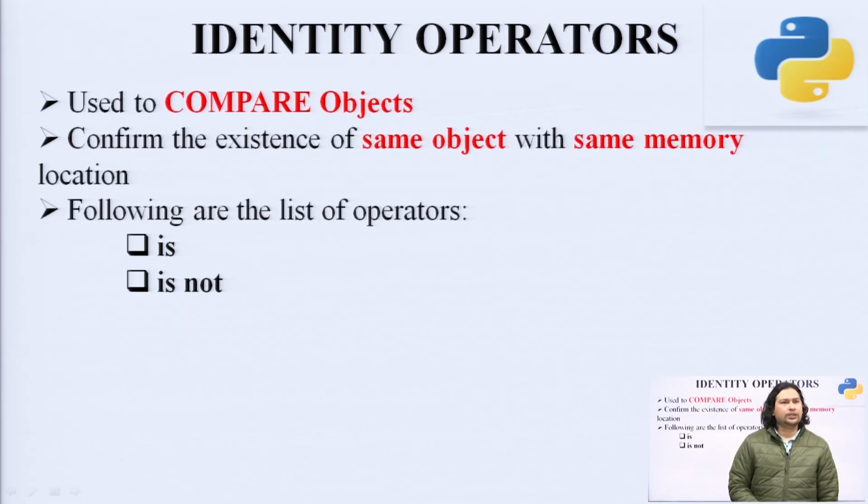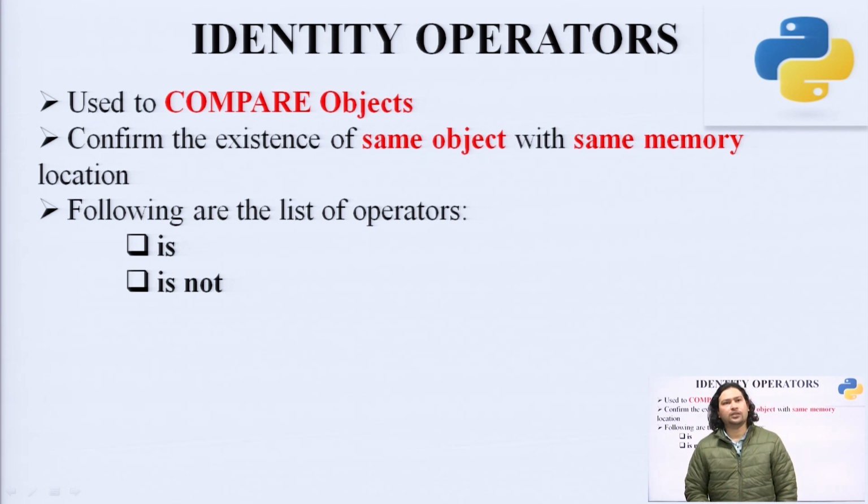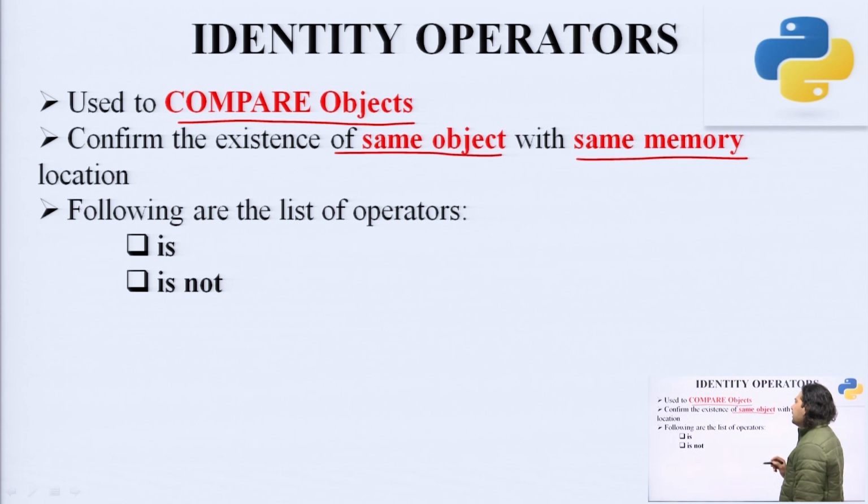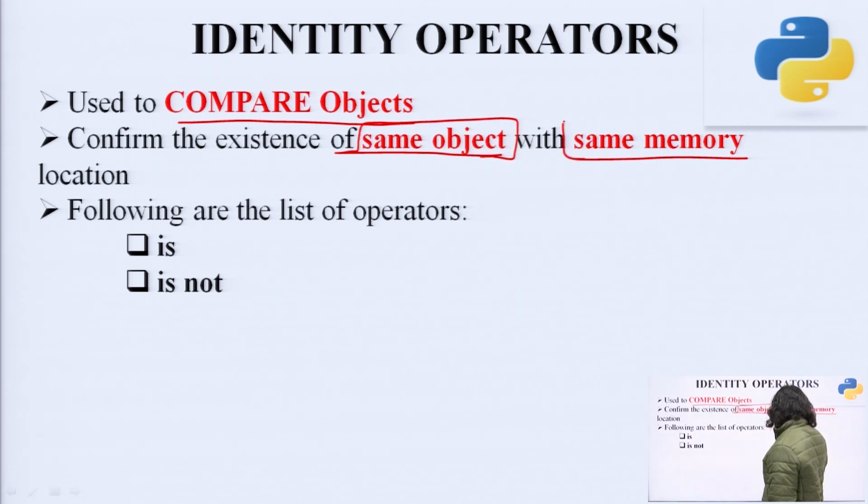Next one is the identity operator. Here we are using this again for comparing objects, but in a different sense. What sense? It is the same object with the same memory, that means we are checking two identities. The very first identity is whether it is representing the same object. The next is whether it is the same memory allocation.